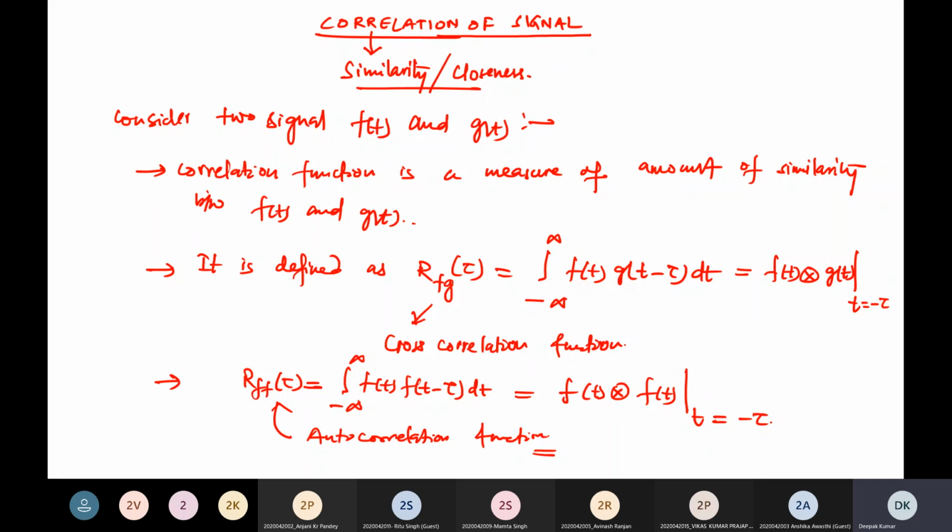Now let us see an example of how to find the correlation of a signal. Take the example of f of t defined as a rectangular gate signal from 0 to 1, amplitude 1. Find the autocorrelation function.